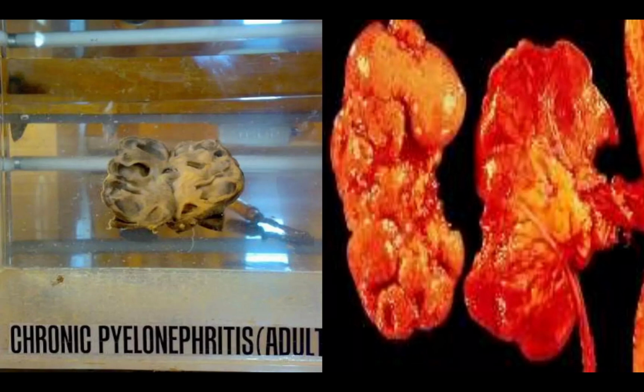The hallmark is mainly the scarring involvement in the pelvis or the calyces, which leads to the papillary blunting, which I have explained earlier in the slides, and leads to the marked calyceal deformities. This is the adult kidney.